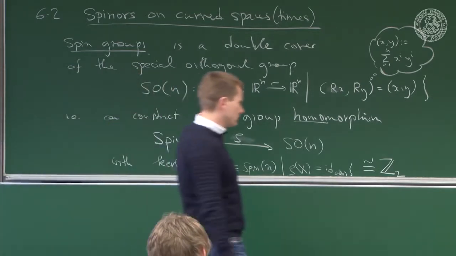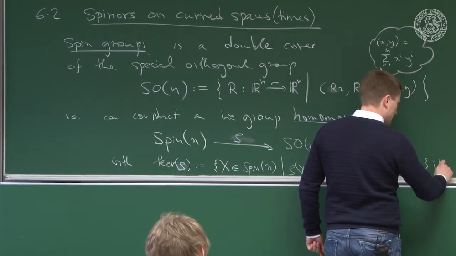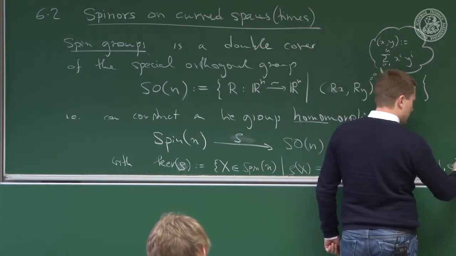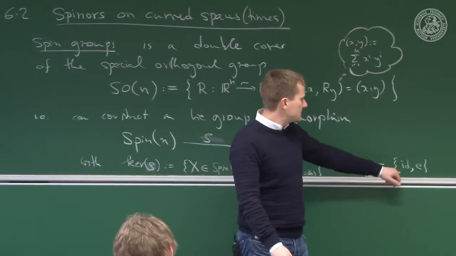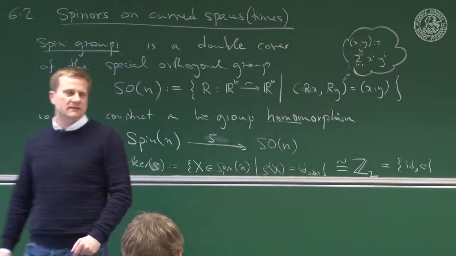And you know Z2 is the group with just two elements. It certainly needs the identity element, whatever it is, and it needs a second element, and whatever the group operation is, e with e must give you the identity again. Okay, that's Z2.